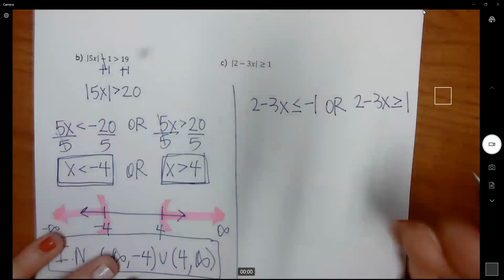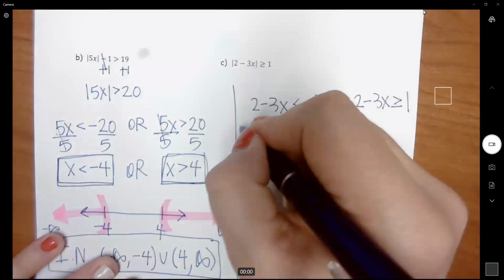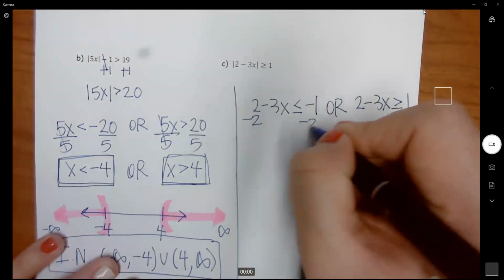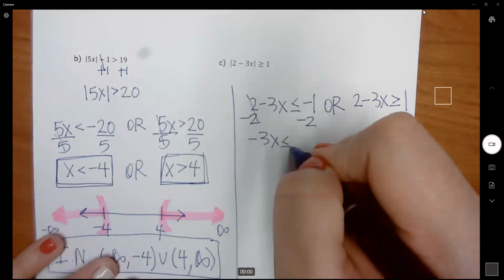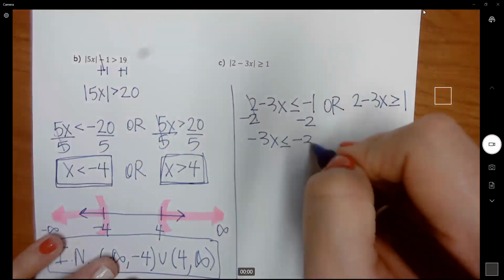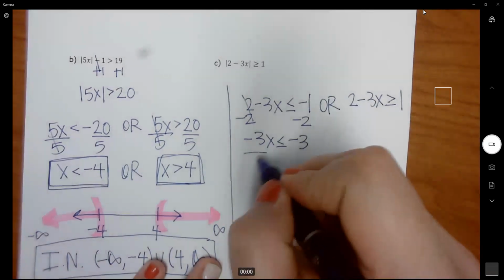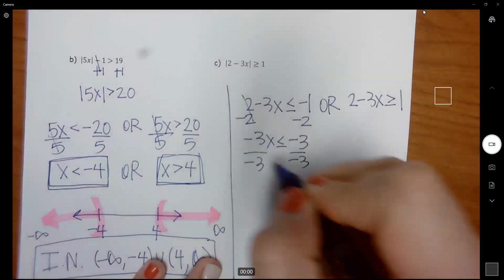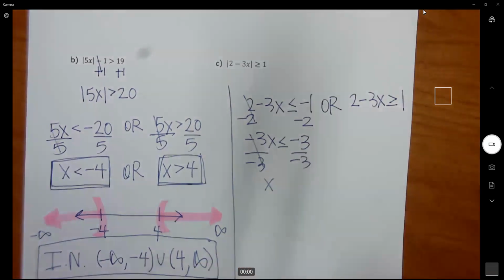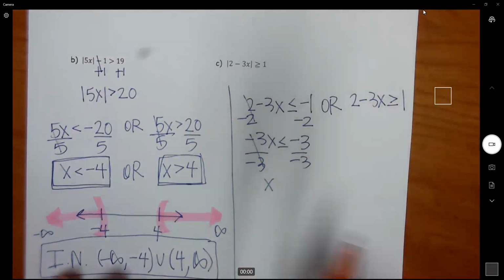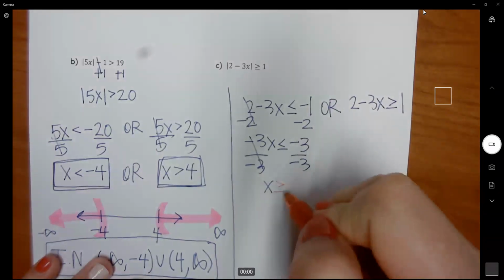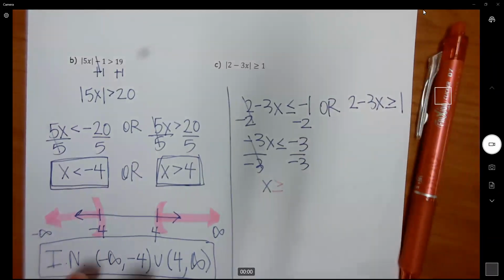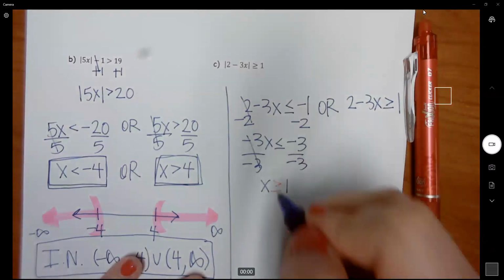So solve, and you're going to solve both of them the same way, but on this one, we're going to subtract 2. I'm going to get -3x is less than or equal to -3. Divide by -3. And now x, because I'm dividing by a negative number, I've got to flip this symbol. It's greater than or equal to -3 divided by -3, which is 1.